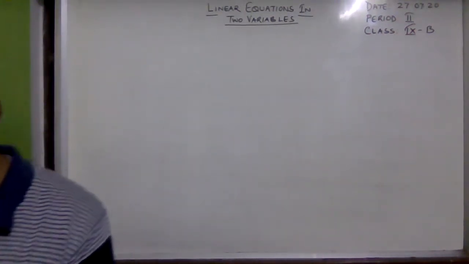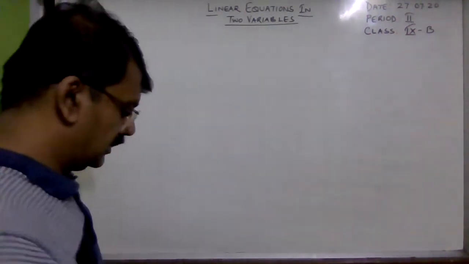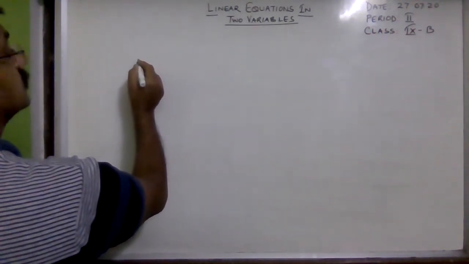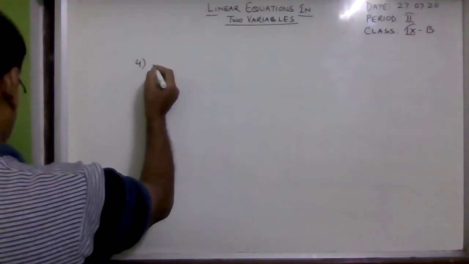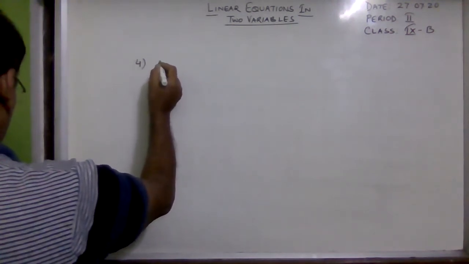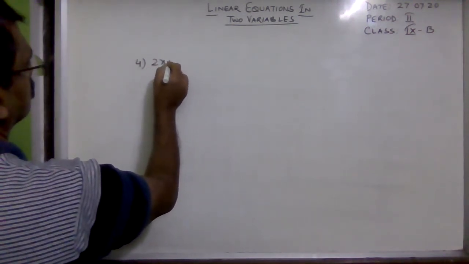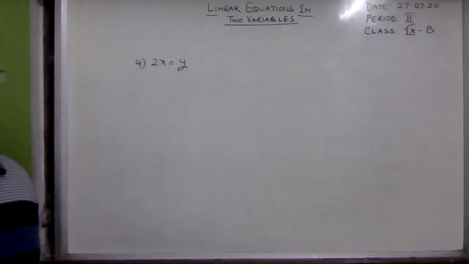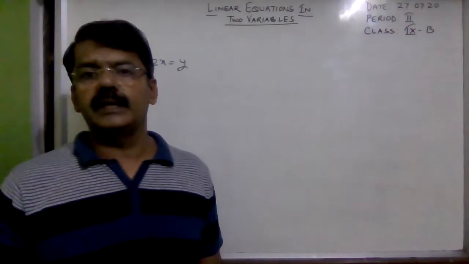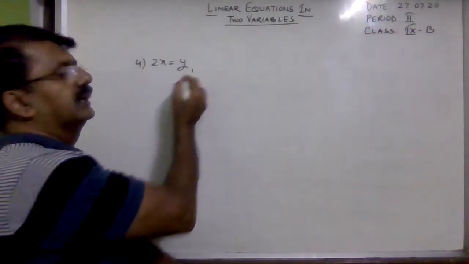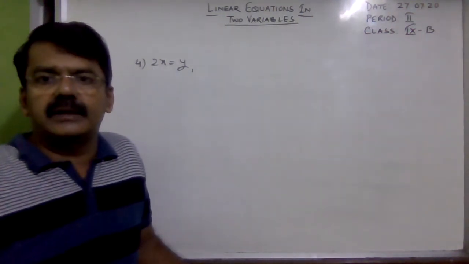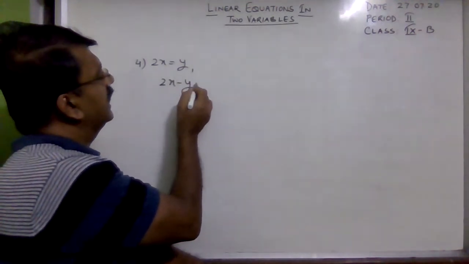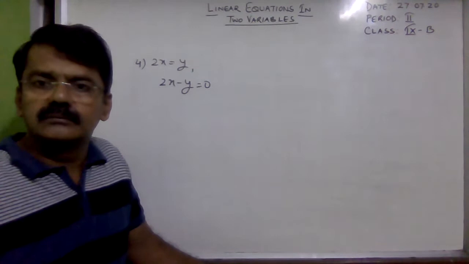Now, the next example, 2x is equal to y. Now you see 2x is equal to y can be written as 2x minus y is equal to 0.